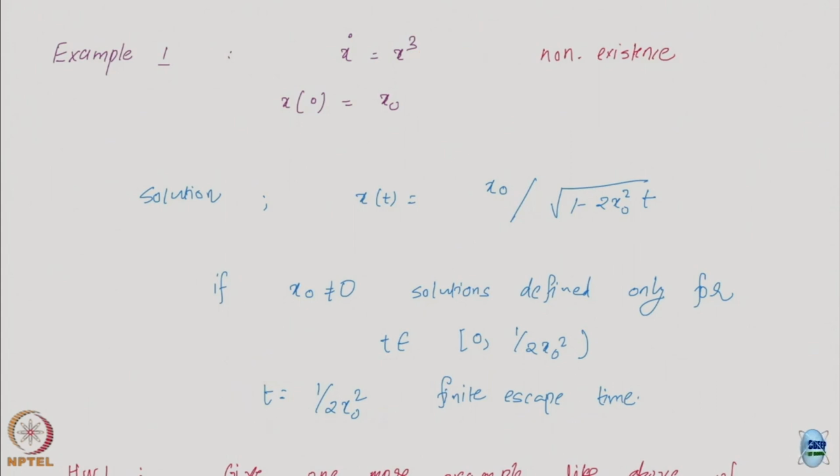So, it is very difficult to work with such systems. We typically do not like systems which have non-existence beyond a certain time. These are definitely tough systems to handle.